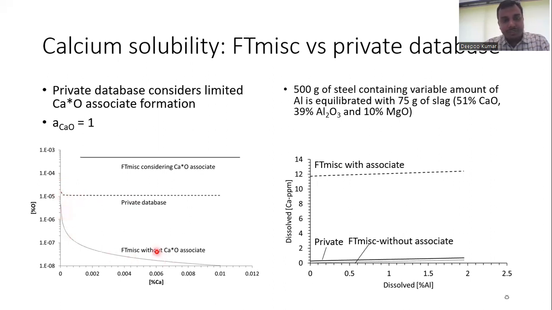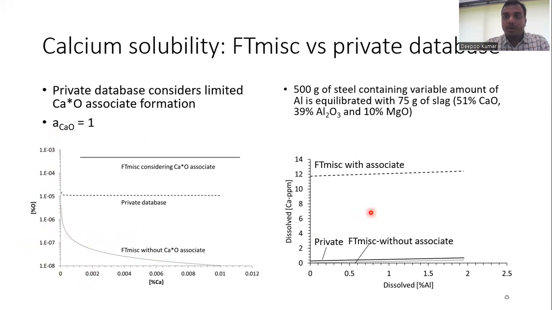And this is the case which is essentially without the calcium oxygen associate formation, and you can see that it has the lowest value. So here you have some associate, and here you have a large amount of associate formation. Please note that the y-axis here is logarithmic, and that is why this last graph is not linear. Otherwise, you would expect that to be linear.